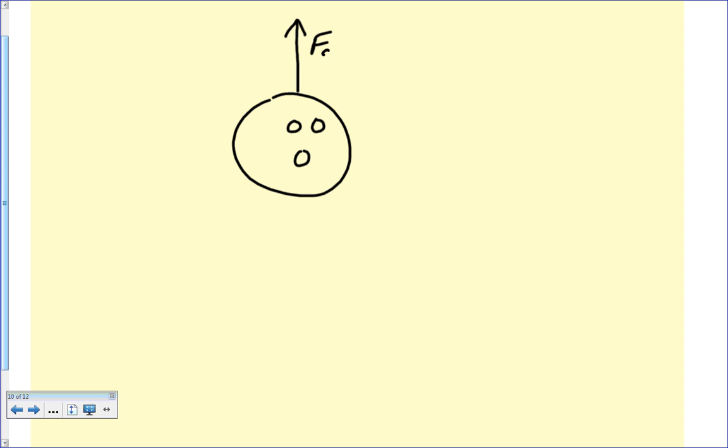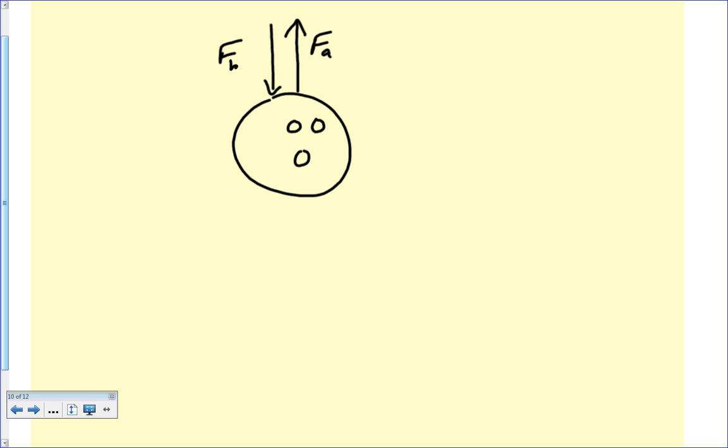Looking more closely at these action-reaction pairs, what we're talking about is, let's say you go to pick up a bowling ball. Okay? When you lift upward on the ball, that's your force applied. Yes, the ball exerts the same amount of force back downward on your hand.